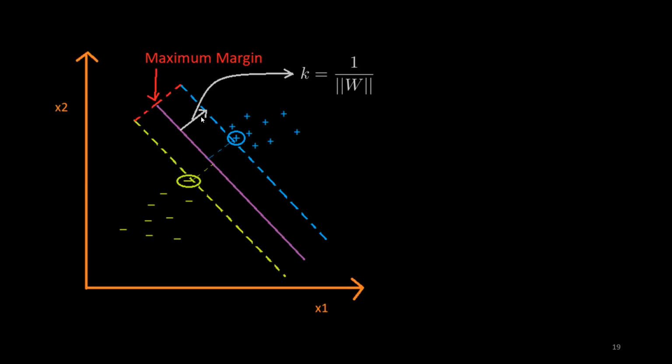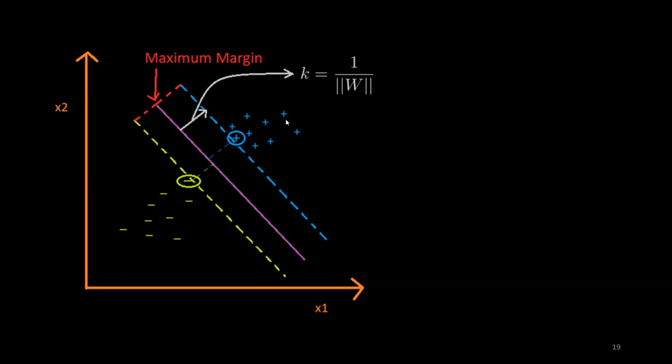So this is the k. K is the distance which has to be traveled by a data point in order to be classified as class 1 or as a positive class. So if I increase the value of k, what will happen? If I increase the value of k, it means that the positive hyperplane will go further from the decision boundary. In that case, any point that is on the decision boundary will have to travel more in order to be classified as a positive class or class 1.